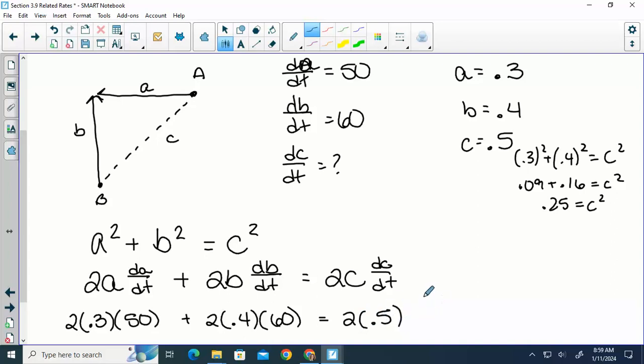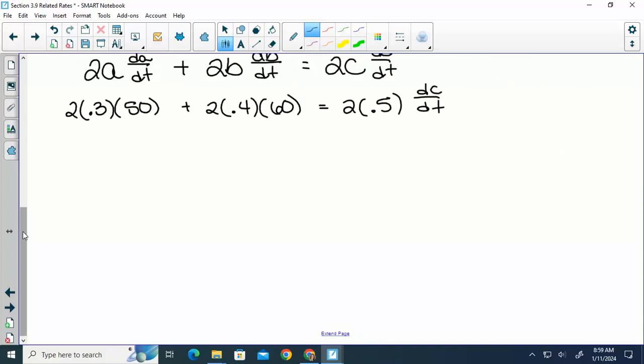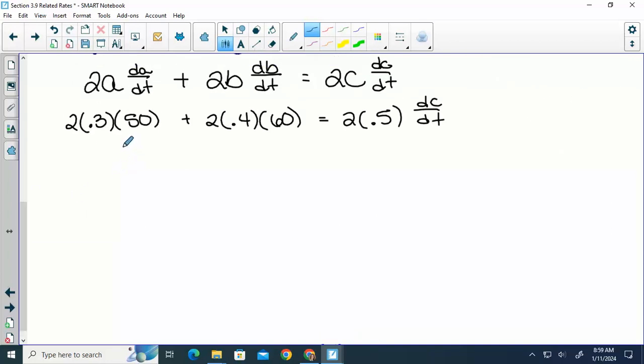C is 0.5, and we do not know dC/dt. Solving, dC/dt is 78.